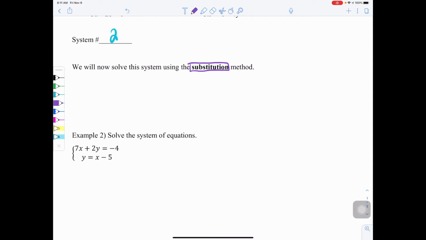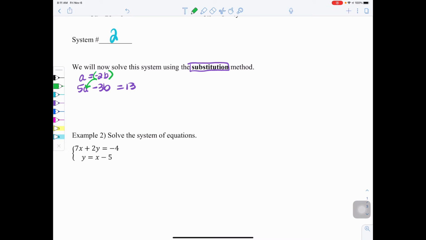So we had a equals negative 2b, and then we had 5a minus 3b equals 13. If we know that a equals negative 2b, I'm going to put parentheses around it, that means I can take this expression and put it in a's spot in the other equation. I'm going to substitute it in.